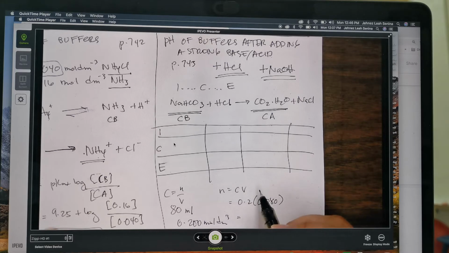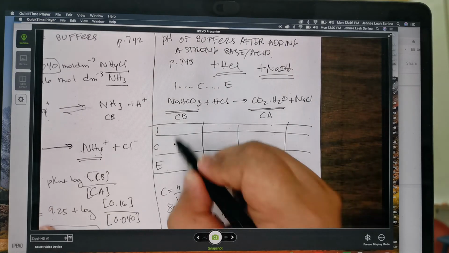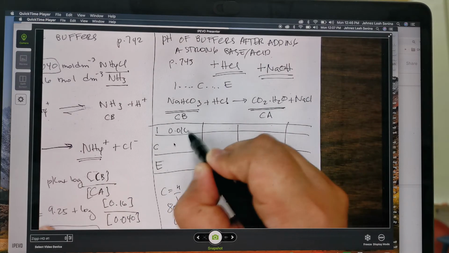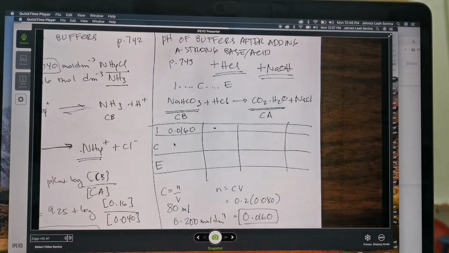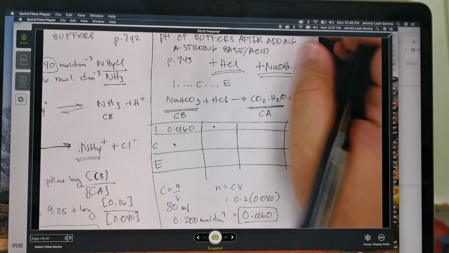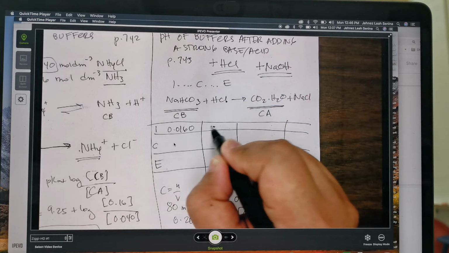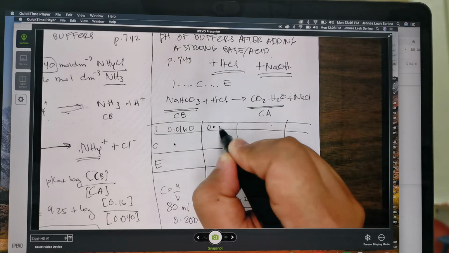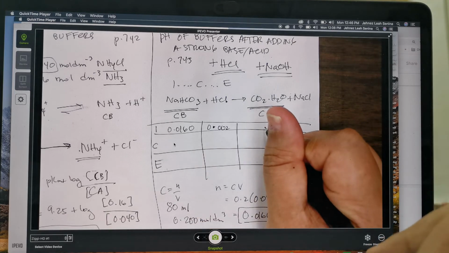Okay, the mole of your sodium hydrogen carbonate is 0.0160. Please verify this with your calculator. You write it here, 0.0160. What is the initial mole of your HCl? So for your HCl, you're given 20 mL and then 0.1. When you calculate that, that's 0.002.